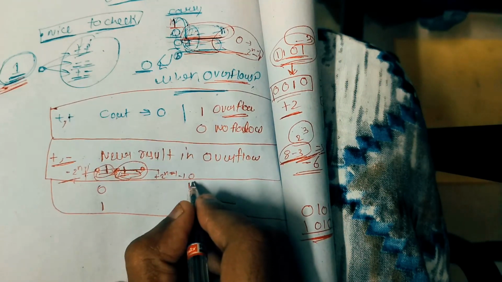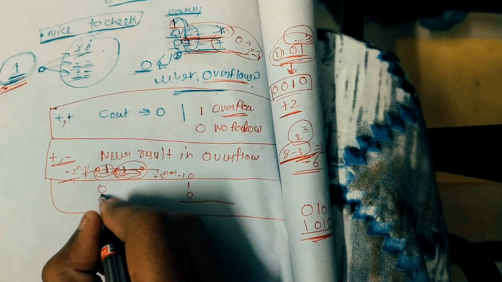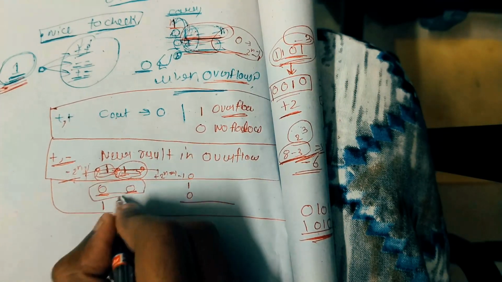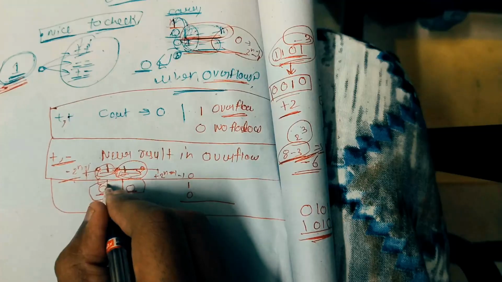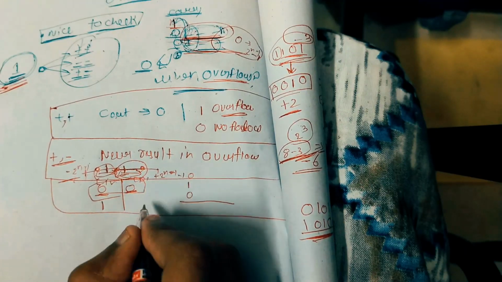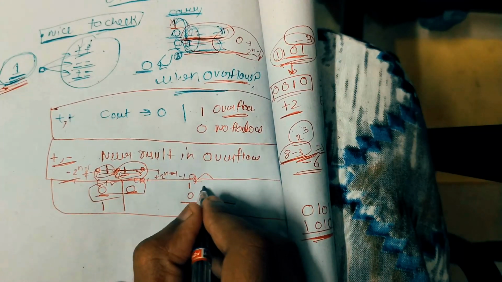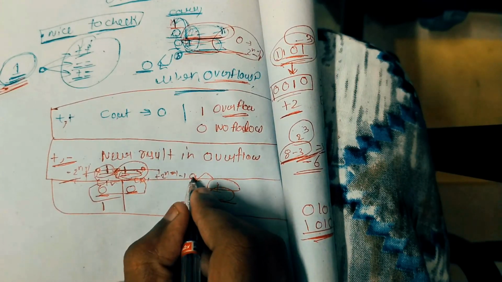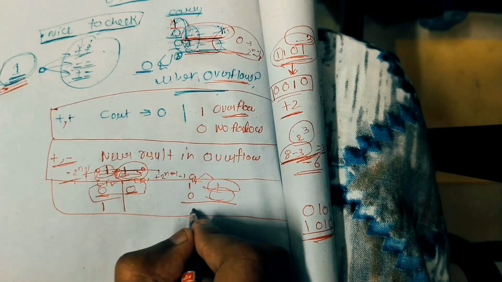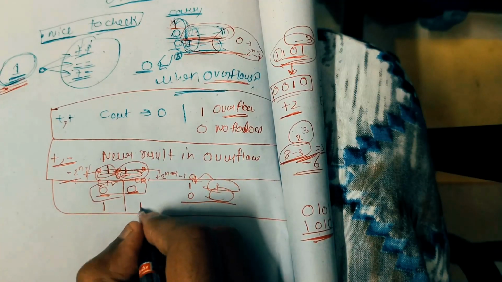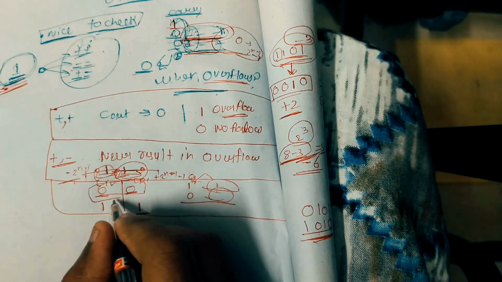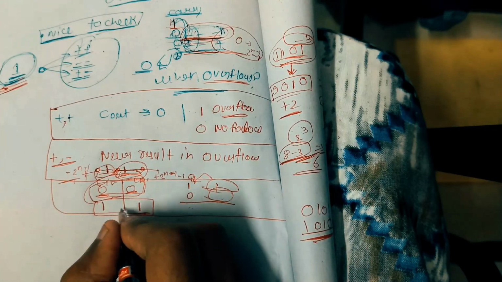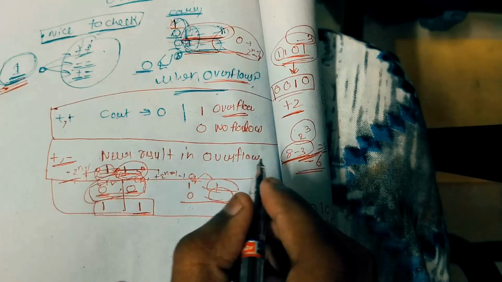If the carry in is 0, the carry out will definitely be 0. This was carry in, this was carry out. If the carry in from adding up these numbers is 1, then 1 plus 1 would be 0, but there would be a carry, so the carry out would be 1. So you can see both will be the same. Carry in and carry out will always be the same in this case.